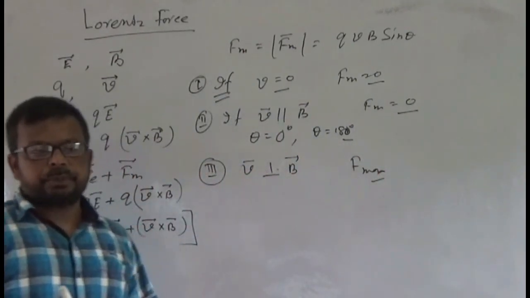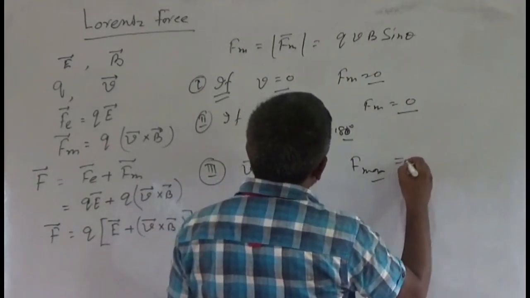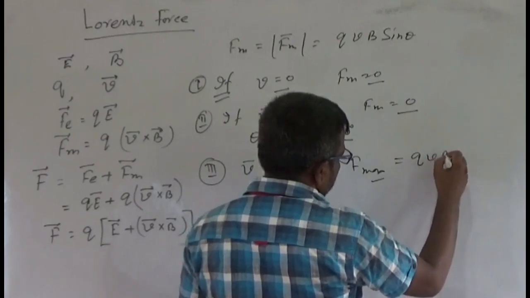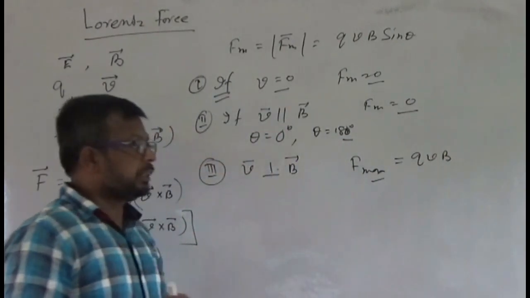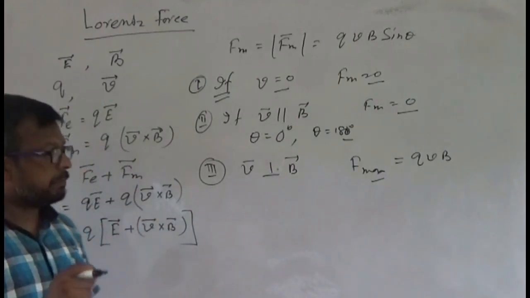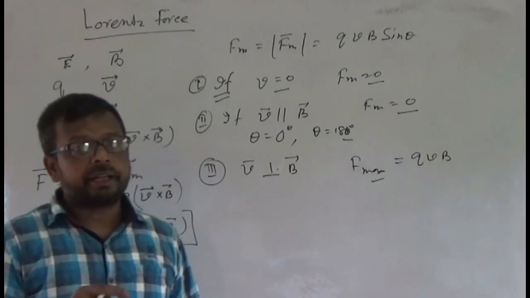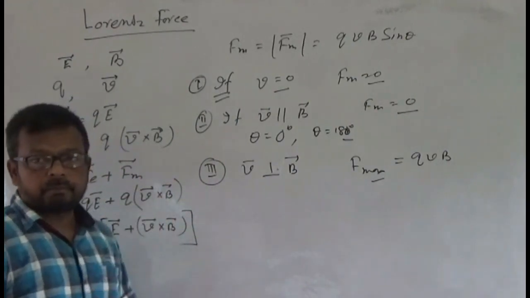The force experienced by the charged particle will be maximum, and that will be QVB sin 90, that means Q into V into B. This is the maximum force experienced by a moving charged particle in a magnetic field of strength B.